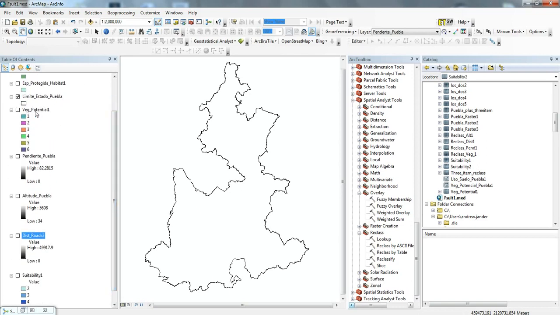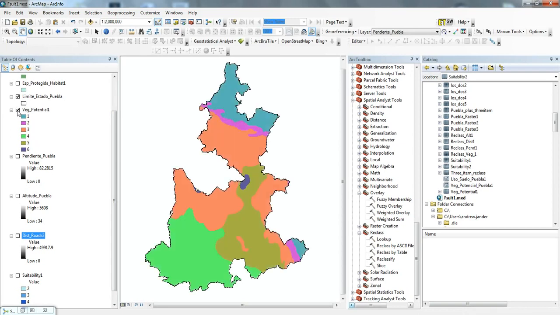The first one we have is vegetation potential. I'll turn this layer on, and we'll see these different colors signify different types of vegetation. The orange here signifies a pine forest, or a more evergreen, high altitude type of forest.